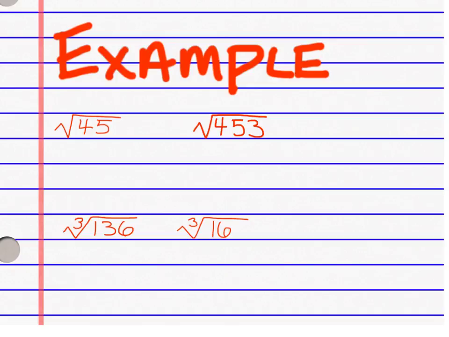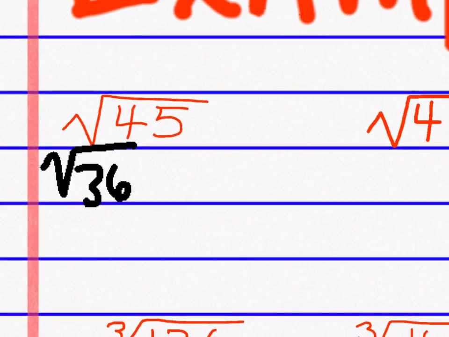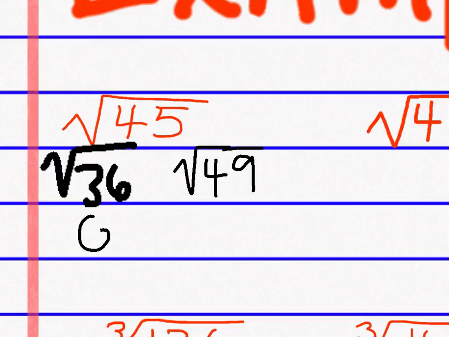Okay, for example 1. For the first one, we have the square root of 45. We want to find which two numbers the square root of 45 is between. The two square roots that it is between are the square root of 36 and the square root of 49, and that's going to give you 6 and 7.